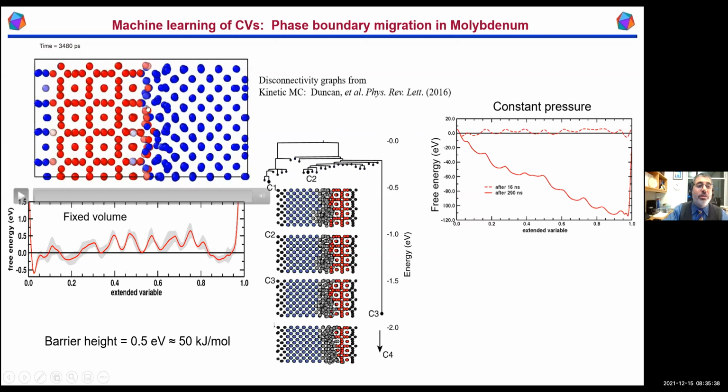It'll give you a sense of the time scale over which this interface marches through your system. So that gives you an idea of how long it would take to convert from one phase to the other locally. Sure. Okay, thanks.